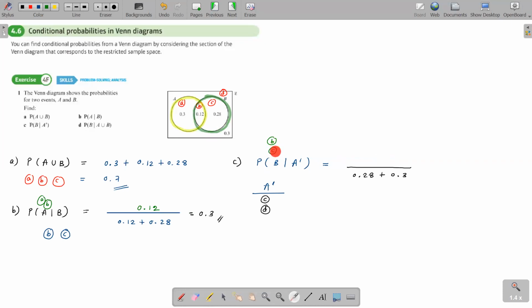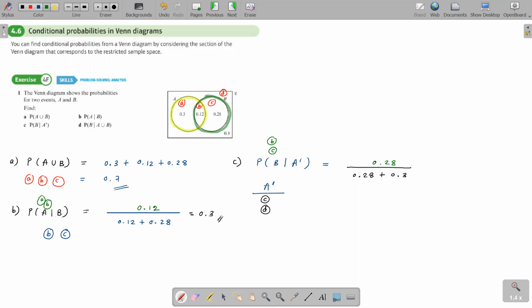So you can see the one that works here for the probability of B given A dash is region C, right? Region C belongs to B and it's also in A dash, satisfying the condition. Therefore, it's region C that comes on top. So region C probability is 0.28. Guys, are you clear with that? This is really important.